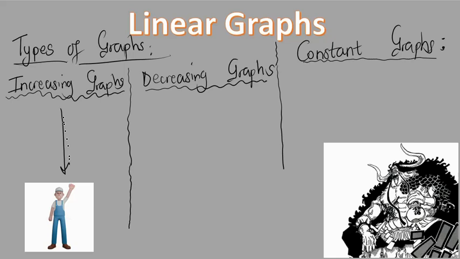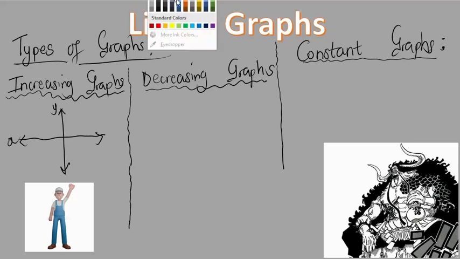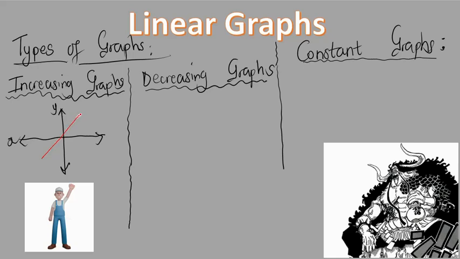So let's say this is a Cartesian plane, with my x components and my y components. An increasing graph will go in the direction of your right hand side. You see this cartoon is raising its right hand side. So that's the direction of an increasing graph.